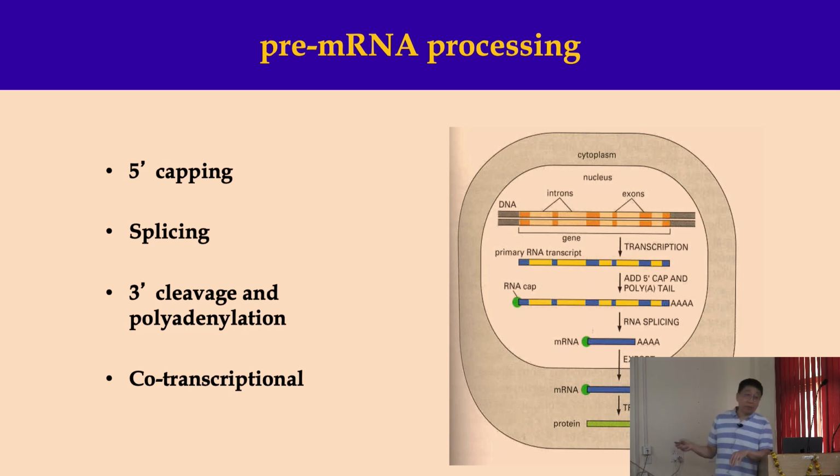So if you think about 3' processing, you need cleavage and polyadenylation. Basically, if you think about enzymes, two biochemical activities. You need to cleave the RNA with an endonuclease, and then you need a polymerase to add a poly A tail. So two enzymes, an endonuclease and a polymerase.